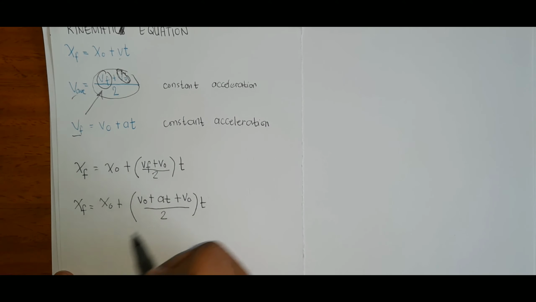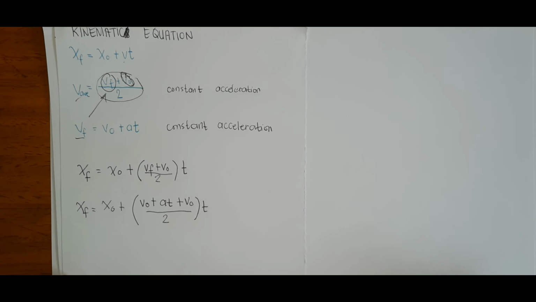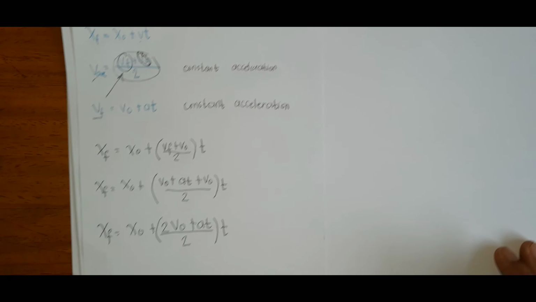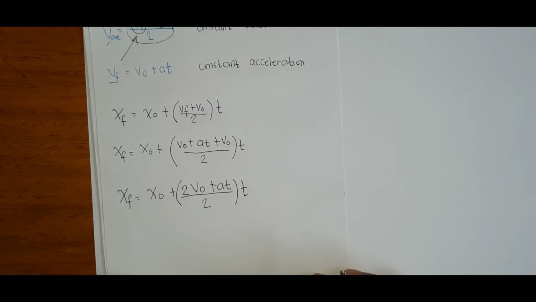Simplifying the terms inside the parenthesis, you will have x sub f is equal to x sub o plus 2 vo plus at over 2 multiplied by your time. You can simplify it further.